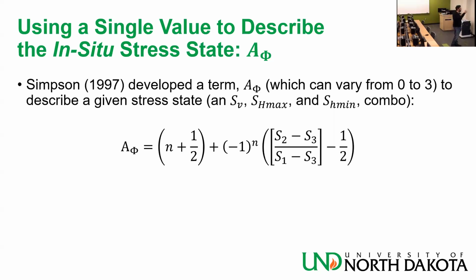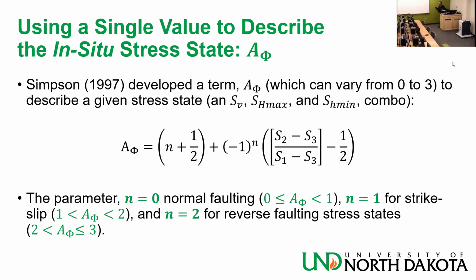And for reverse faulting, S1 is SH max, S2 is SH min, and SV is S3. Easy. And then you have another variable called N. N for normal faulting is 0, for strike slip faulting is 1, for reverse faulting is 2.